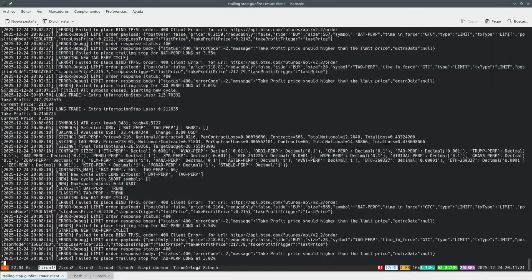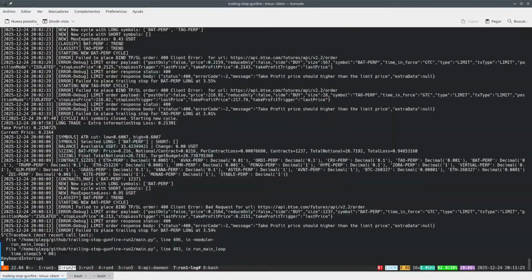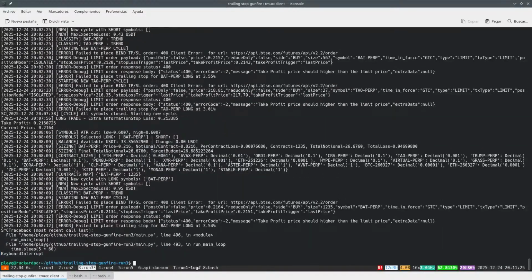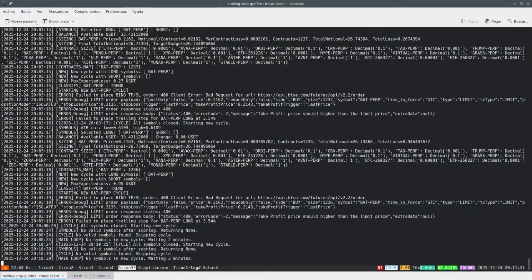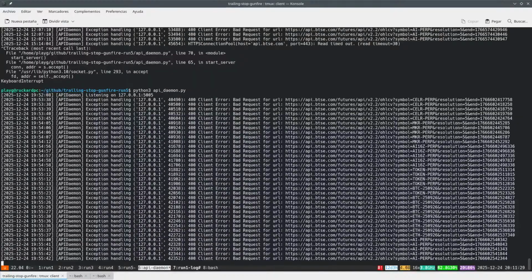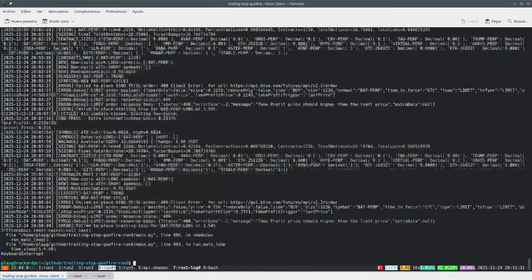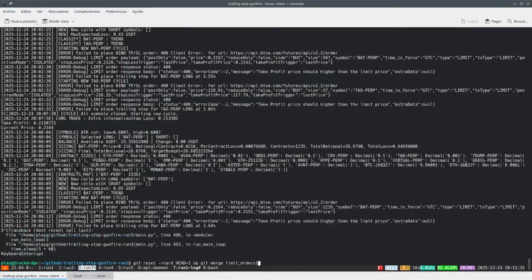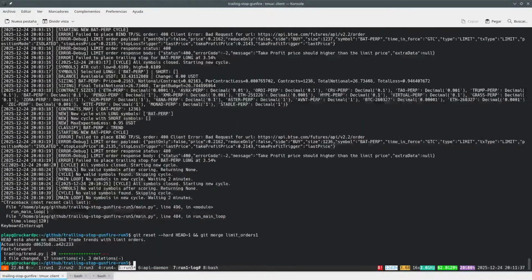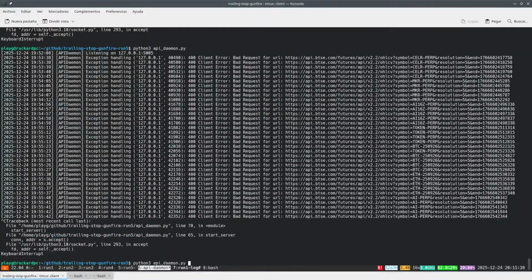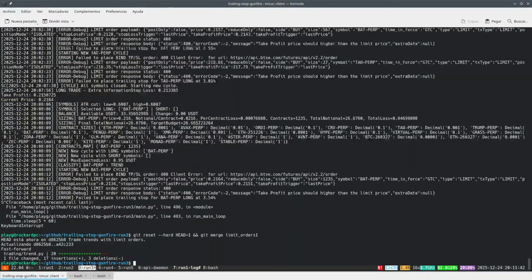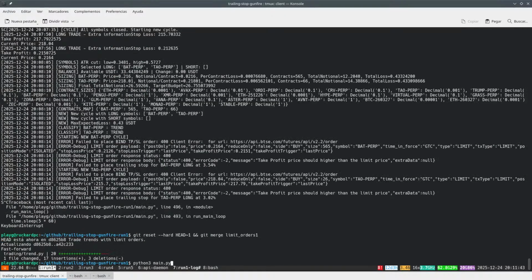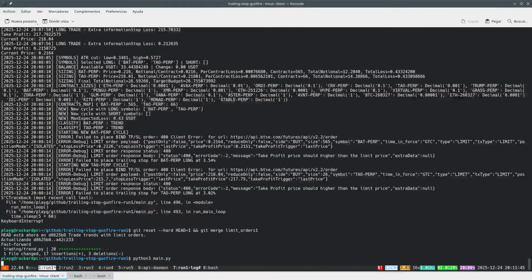So let's cancel everything into here. So now we are not going to have so many trades. So let's update the code so that we can just use it. And now let's see what happens with the new code.